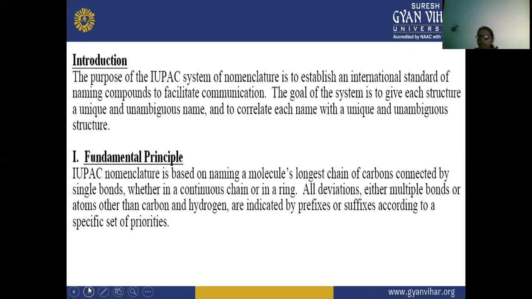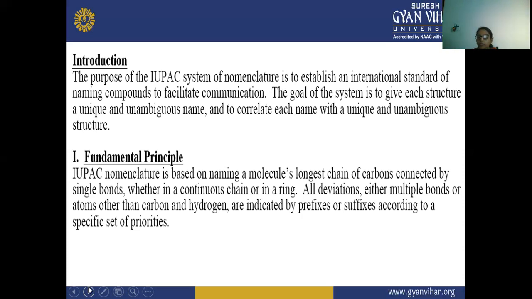That is why we developed the IUPAC system, which helps to name a chemical compound and understand what compound it is, so as to facilitate communication. It is helpful in facilitating communication in different countries when naming organic compounds.